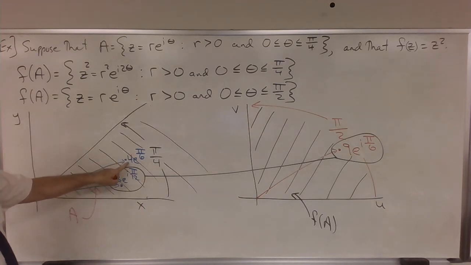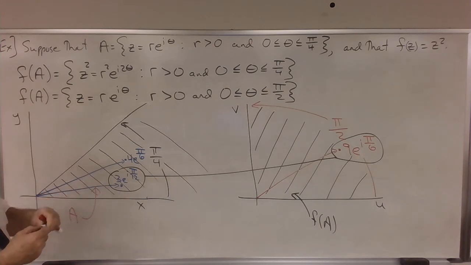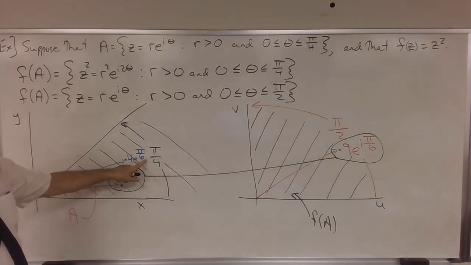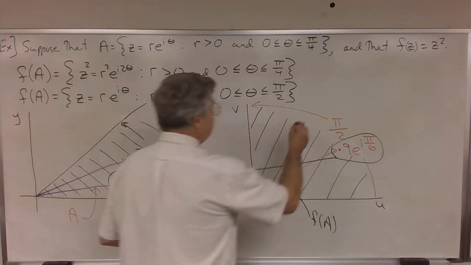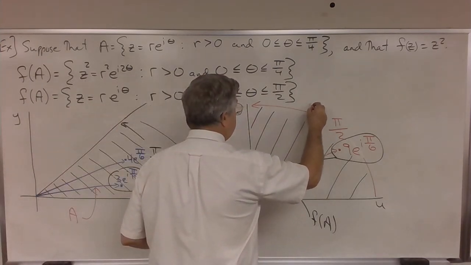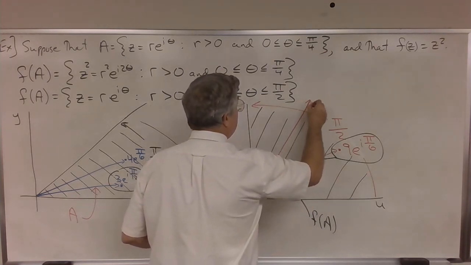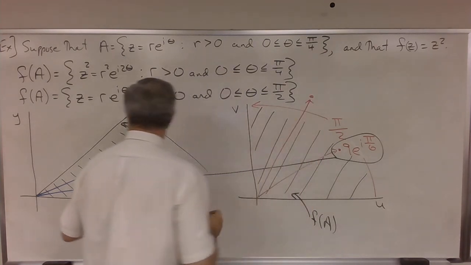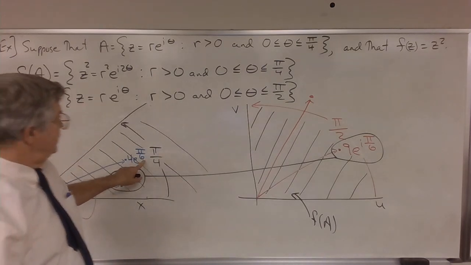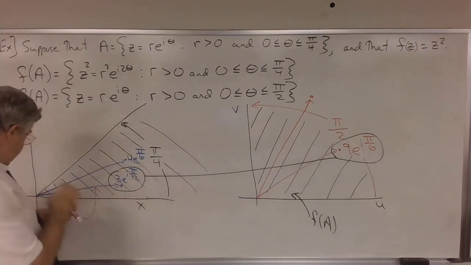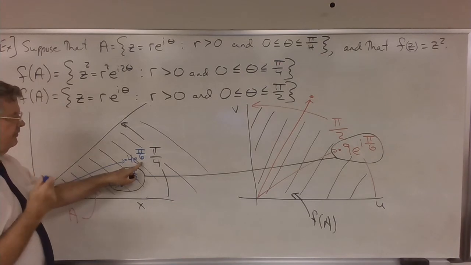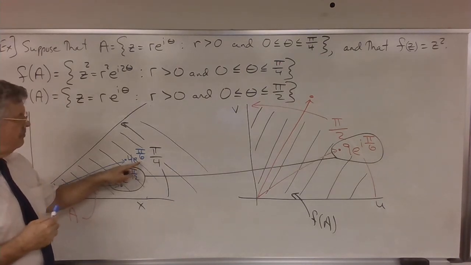Now what happened to this thing? Well, the modulus got squared and the angle got doubled, so we're looking at pi over 3 now. So this will be 16 e to the... see, what am I missing here? Can't quite put my finger on it.